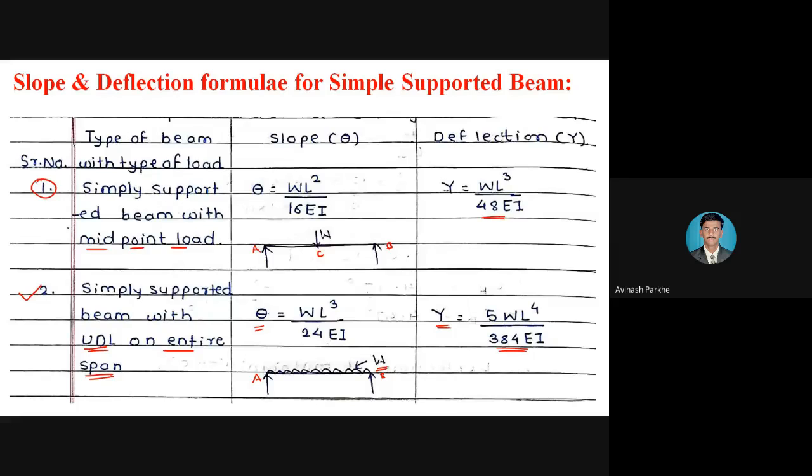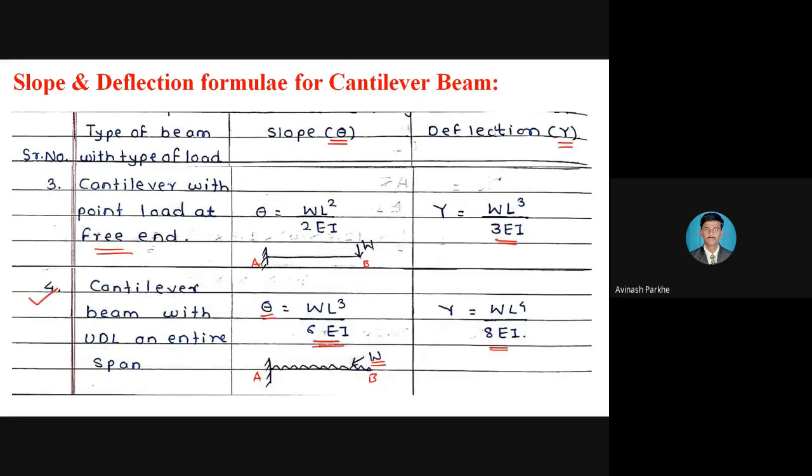Up to this, the syllabus is given for chapter number 8, that is the concept of slope and deflection, their definitions, and in addition I have given all the slope and deflection formulas for the simply supported and the cantilever beam subjected to the point load and the UDL. With this, we have finished chapter number 8.